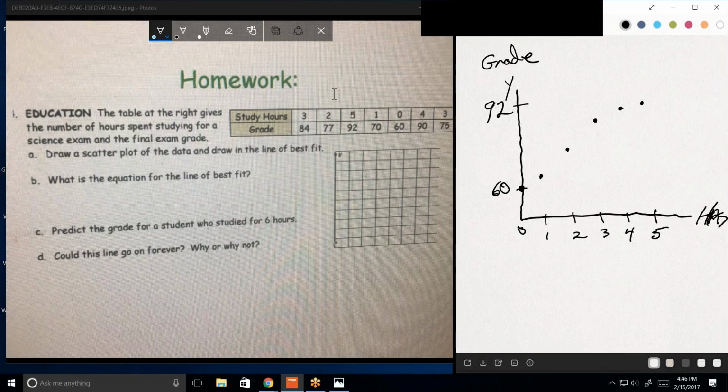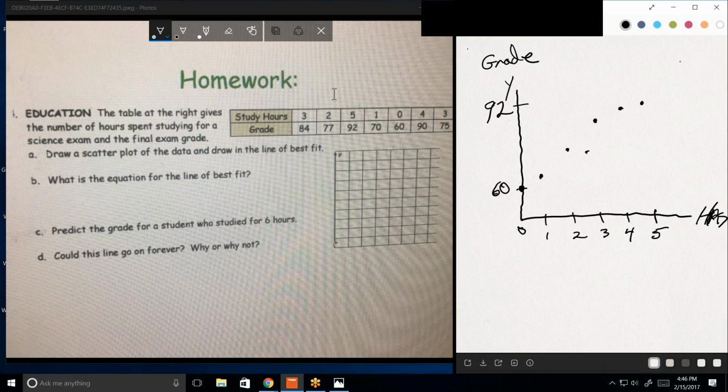And 3 hours, I got another one at 3 hours that's 75. Let's see, my first 3 hours was 84, so this one has to be below the second. Got to be right there. Okay, so there's my scatter diagram.